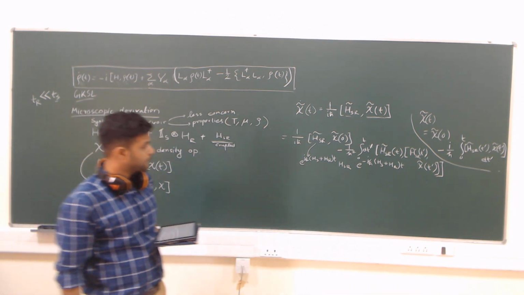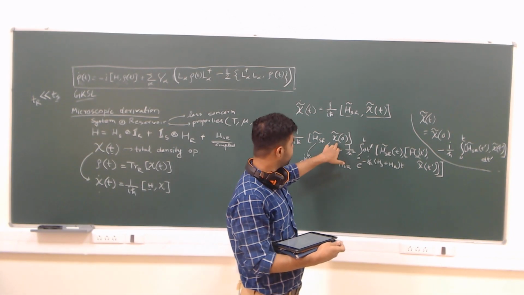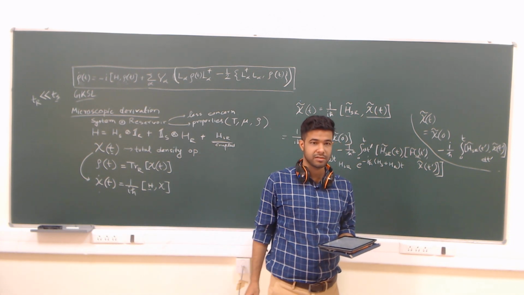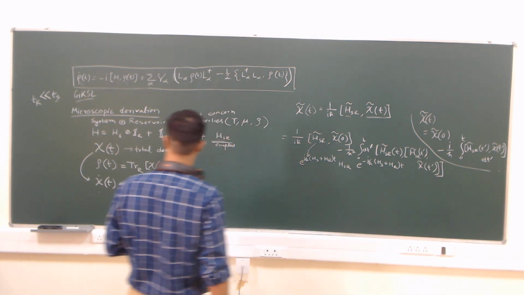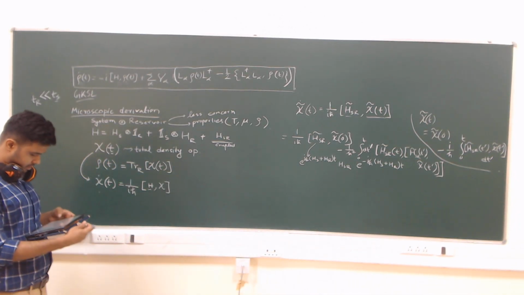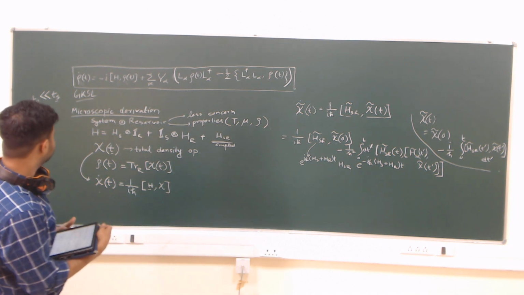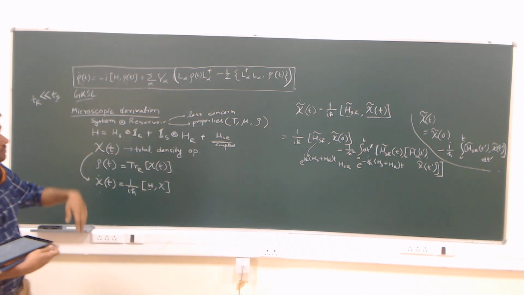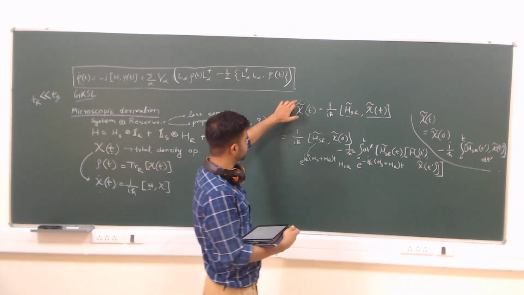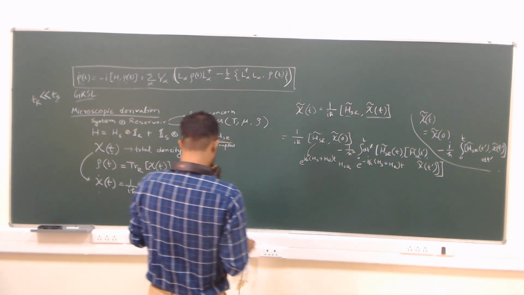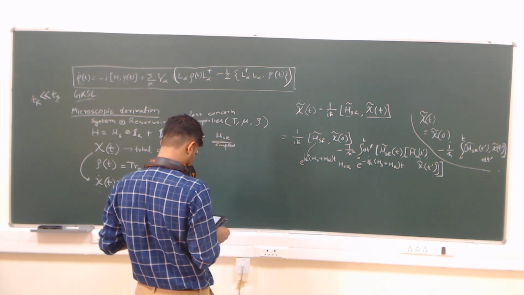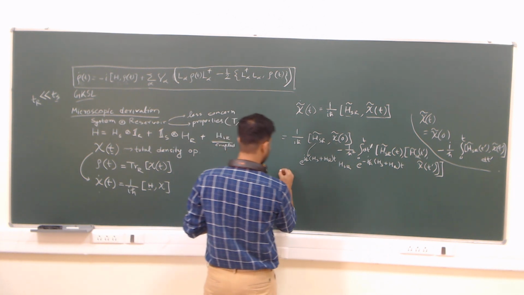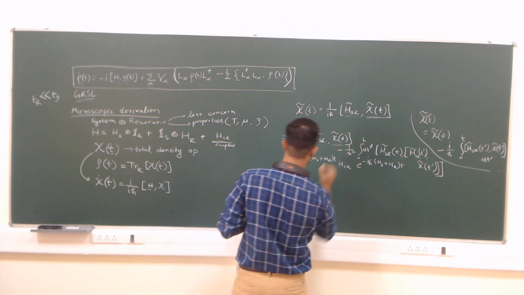Chi tilde is the total density matrix in the interaction picture. Usual chi is the total density operator in the Schrodinger picture, and if we transform it to the interaction picture, I have denoted it in terms of this chi tilde. Now, chi0 we have used here.